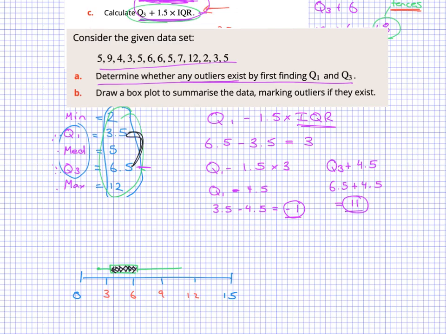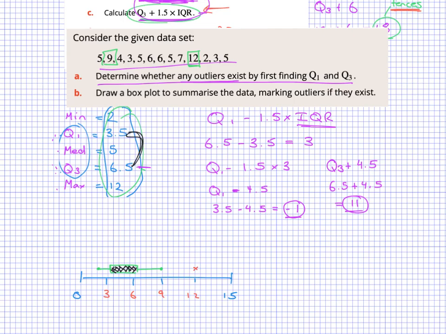I would look at the next biggest piece of data outside 12, and I can see I have 12 here. The next one is a 9. So I would take my box plot with top whisker to 9, take it back to there. I would put my dot at 9, and then I would put a cross at 12.